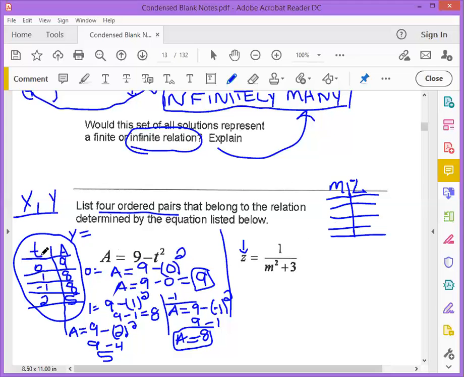We'll use the same 4 points: 0, 1, -1, and 2. Now when we plug in 0 for m, we get z equals 1 divided by 0 squared plus 3, which equals, 0 squared is just 0, plus 3. So that becomes 1/3.